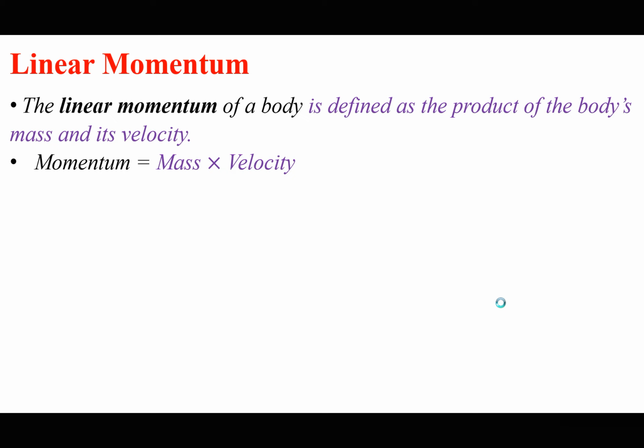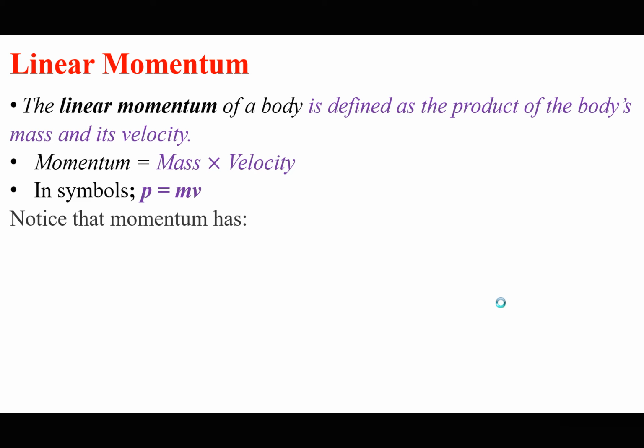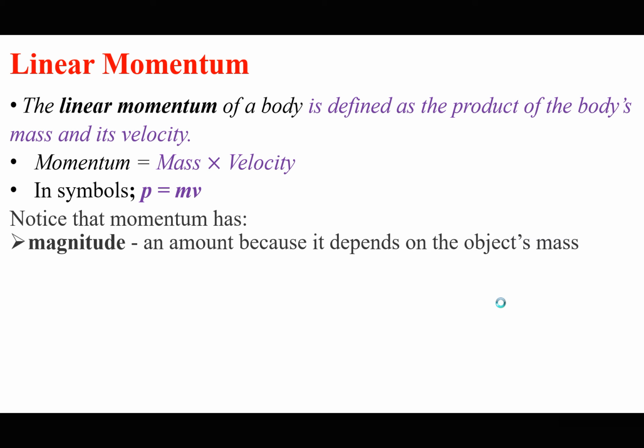Of course, this would be different from angular momentum, but like I said, we shall not talk about angular momentum at this level. So we shall use the symbol P, small letter p, for momentum, and of course m and v for mass and velocity. You must have noticed from your IGCSE concepts that momentum is a vector quantity which has magnitude and direction.